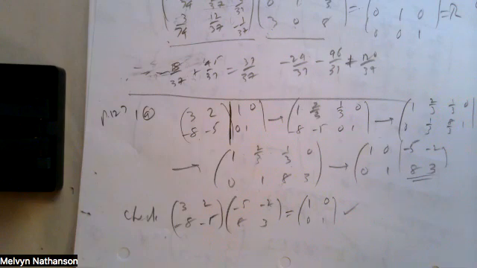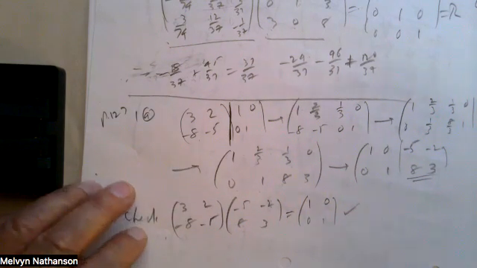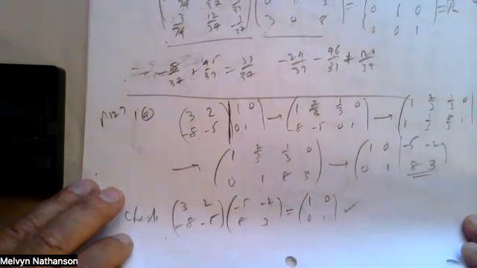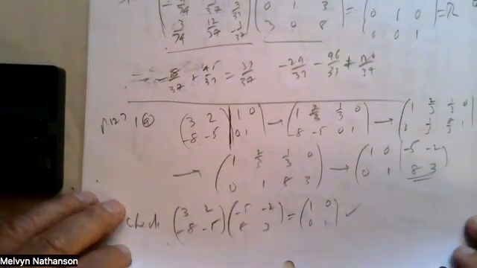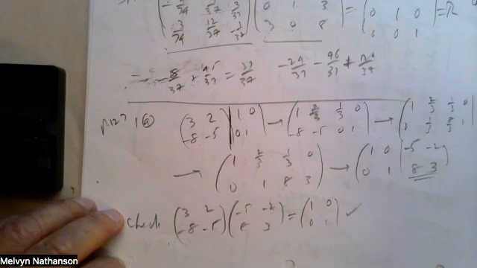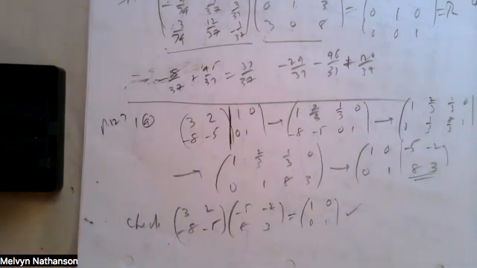And parts B and C are just the same type of problem. You have to do the work. And part 2 is more problems of this sort, 3 by 3 and 4 by 4.